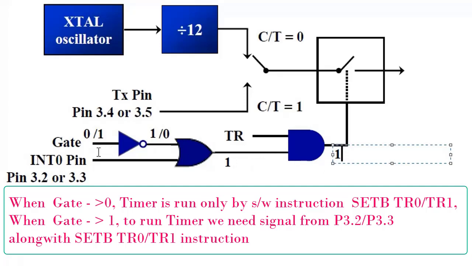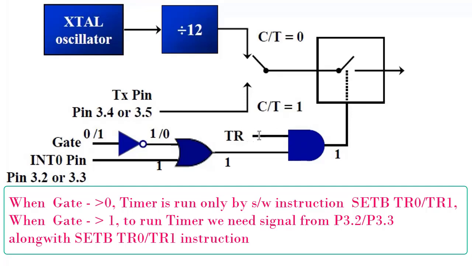Now in this situation, when the gate value is 1, this is 0, so to get logic 1 here, the most important thing is that logic 1 should be required here. Got my point? To run the timer by using the set bit timer instruction, we always need 1 here.